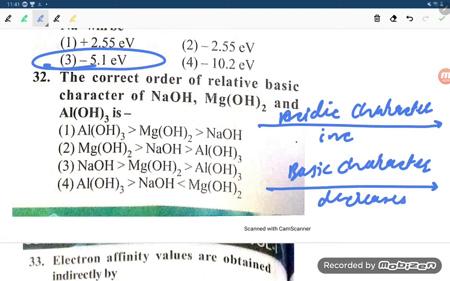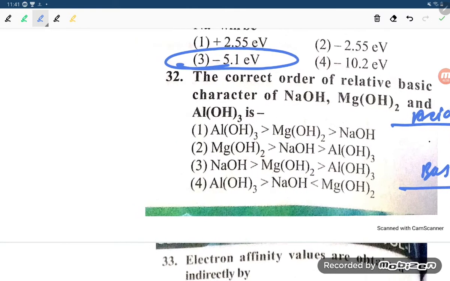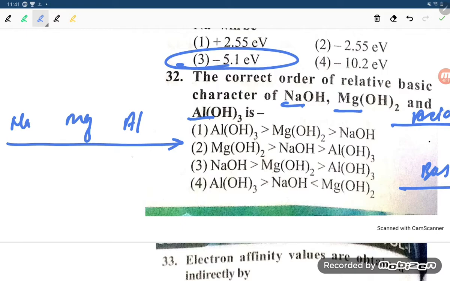So what is the question? Sodium, magnesium and aluminum are there, in this order. Now this side will be acidic, this side basic, and the middle will be medium.